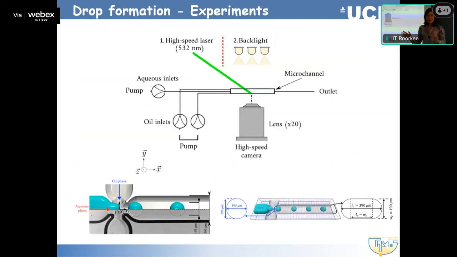So again, a standard setup that we have used to start experimentally on this drop formation. We talked a lot about experimental techniques yesterday. I won't go too much into it. You yourselves have done an experiment as well. So we have our pumps, a microfluidic chip or channel or just tube, some imaging, some camera, and then different types of light, either backlight, just LED, or lasers if we want to do something more fancy.